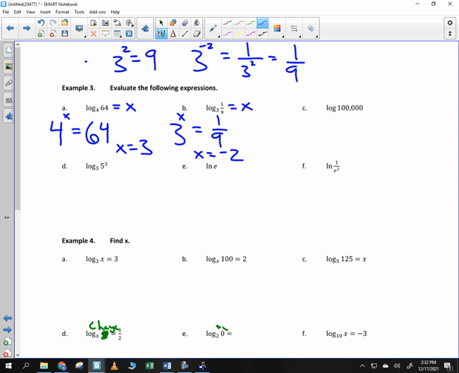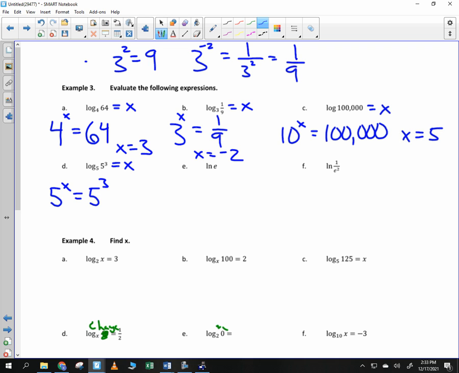Log of 100,000 equals x. That means 10 to what power is 100,000? See, this would be 10 to the 1, 10 to the 2, it's to the 5. Yep, x equals 5. This one looks tricky, but it's not bad. This is equal to x, so it means 5 to the x power is equal to 5 to the third.